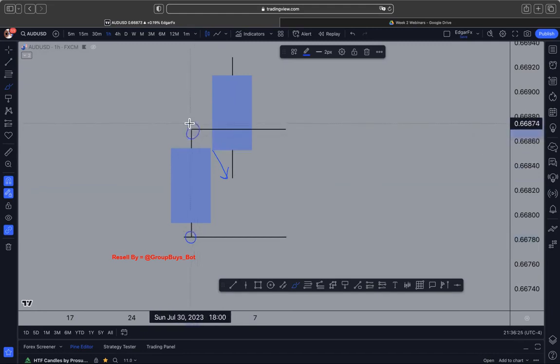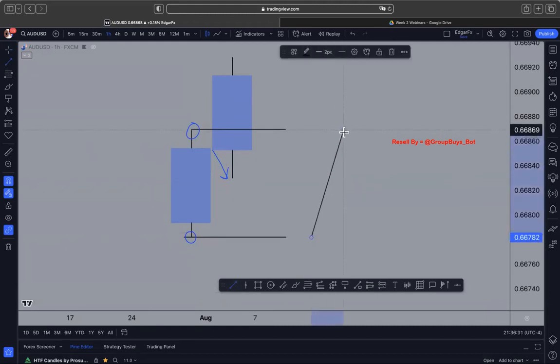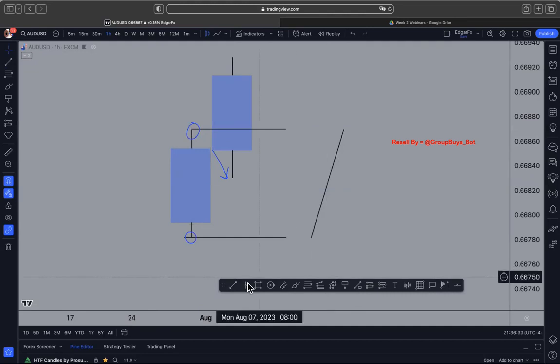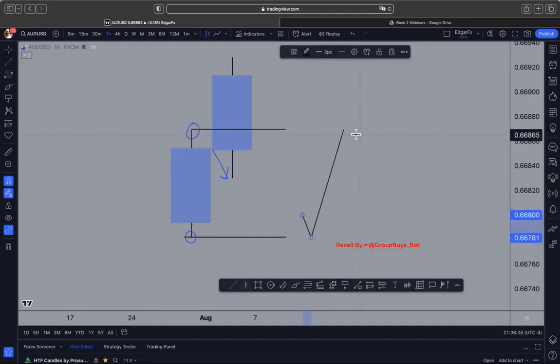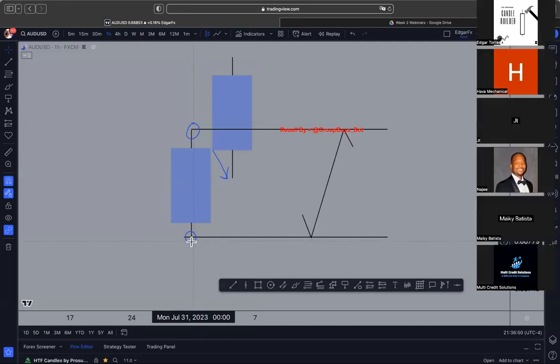So if I were to make a line from that low to that high like this, this is a range right here, just like this.